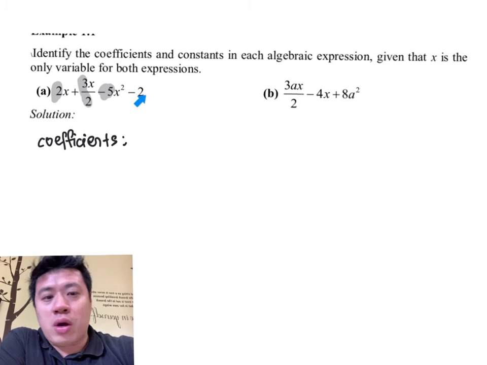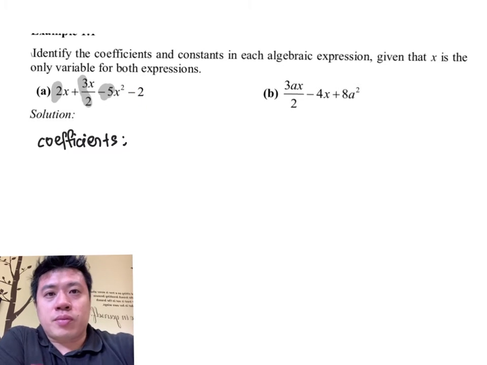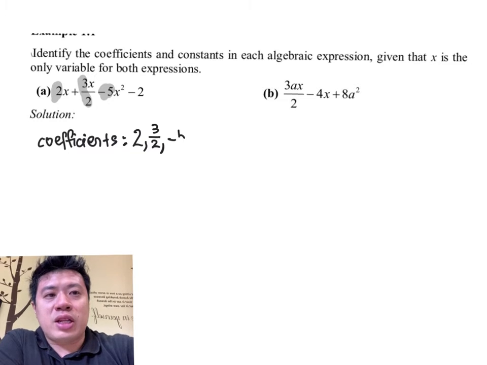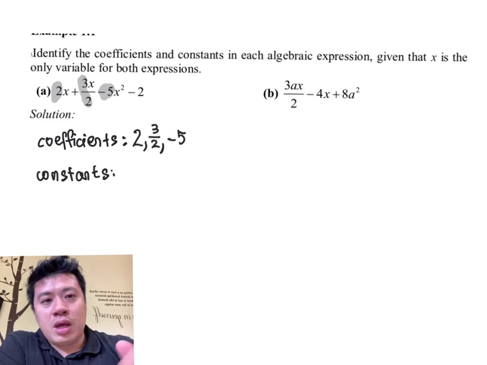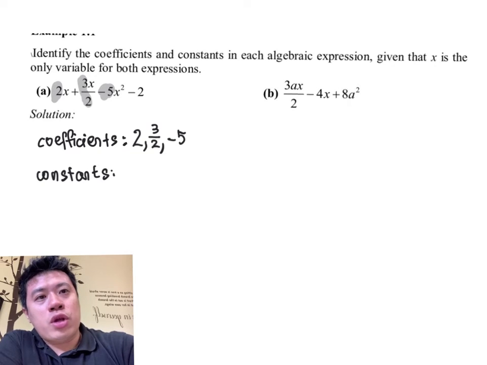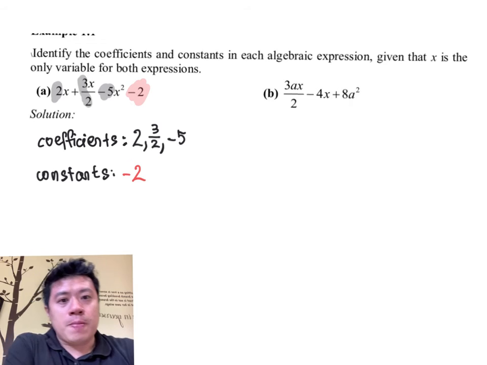And you can see that for this question, the coefficients mainly are 2, those shaded in gray, 3 over 2, and negative 5. And your constant, the term without the x that remains fixed by itself, the one shaded in red, is none other than our negative 2. Okay, so that is for this question.